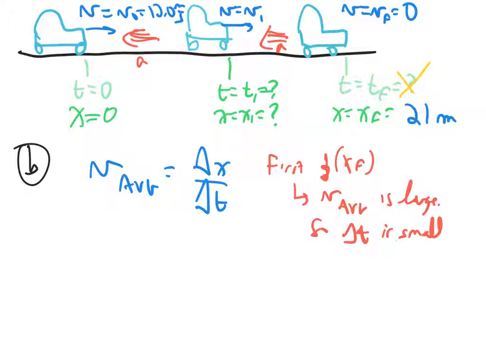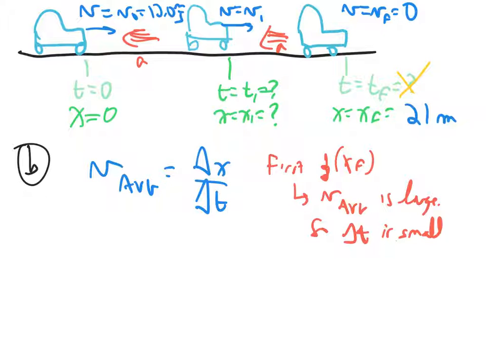That tells us that it takes less than half the total time to travel half the total distance, which means that there hasn't been as much time for the acceleration to be applied, which means we have lost less velocity during that first half of distance than we will lose during the other half of distance, which means we haven't lost 6 meters per second, therefore we're closer to 12.